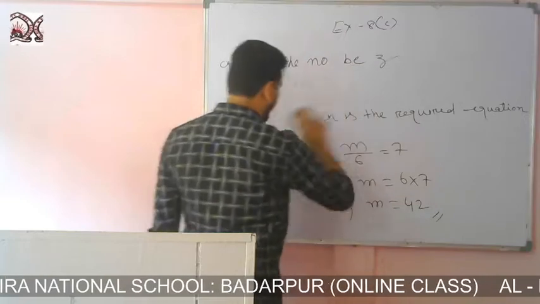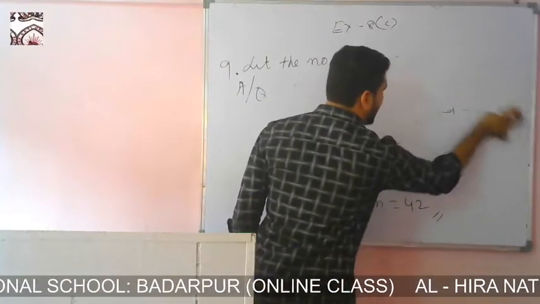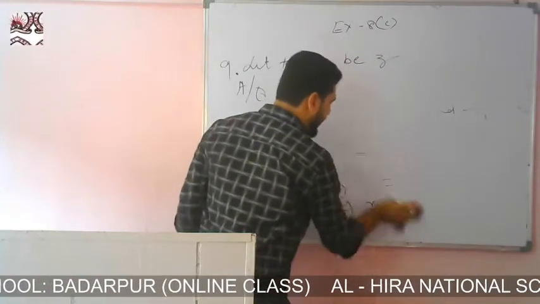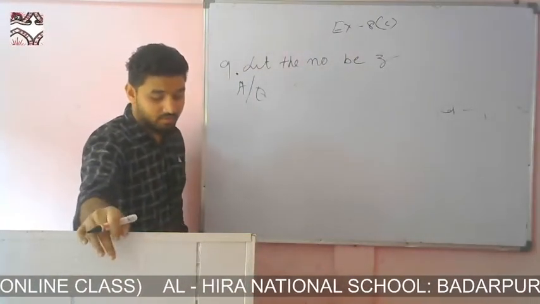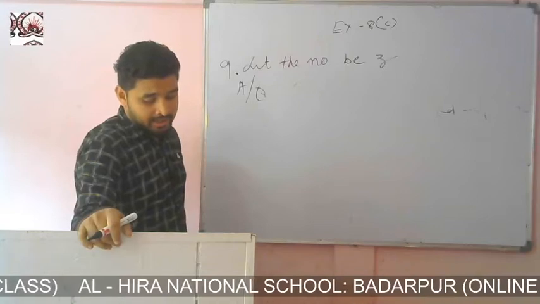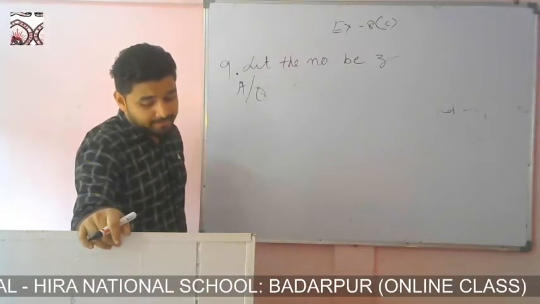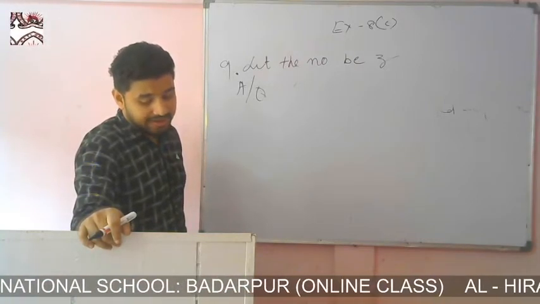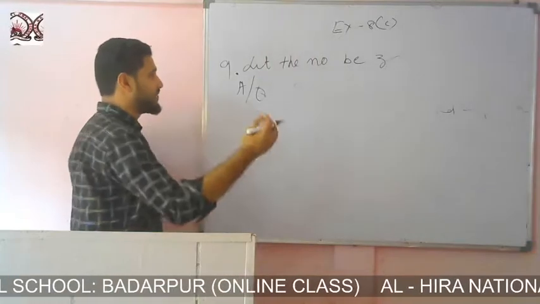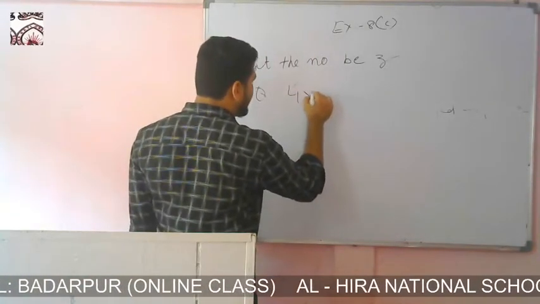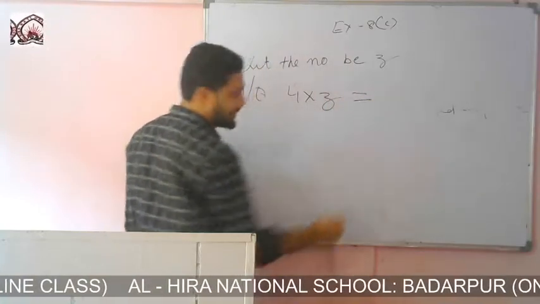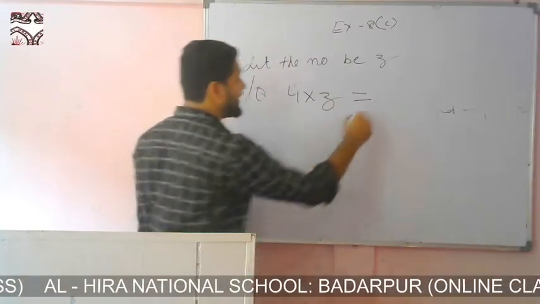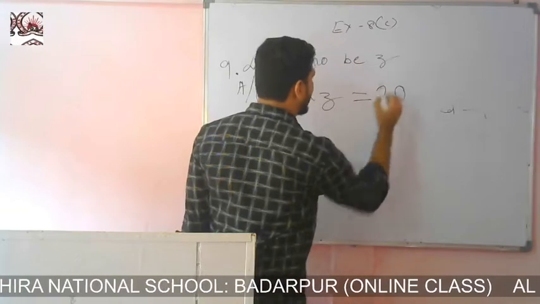According to the question, what was said? 4 times a number equals 20. We let the number be z.